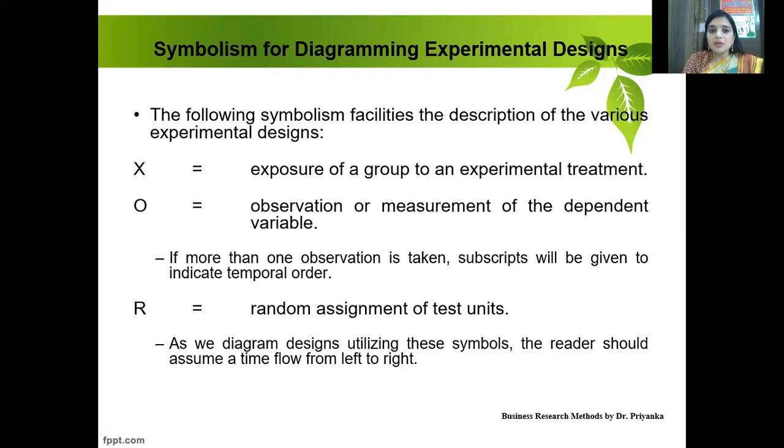For example, you are doing an experiment in two settings, or maybe a pre-test post-test experiment. Then X1 is pre-test and X2 is post-test, so it would be written as X1 O and X2. X1 means previous time, pre-test time, and X2 means the latest time. So time would always be taken this way, from left to right.